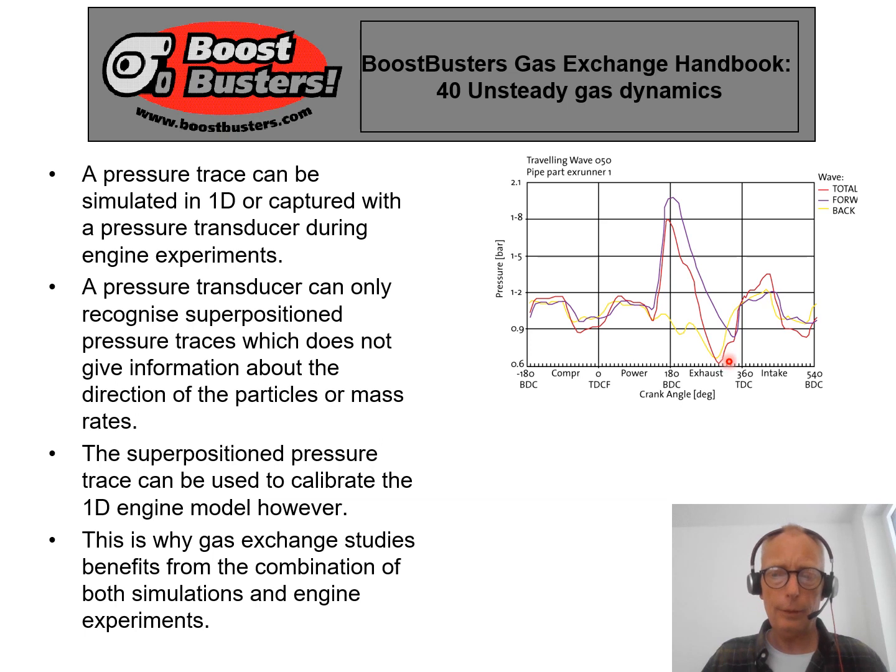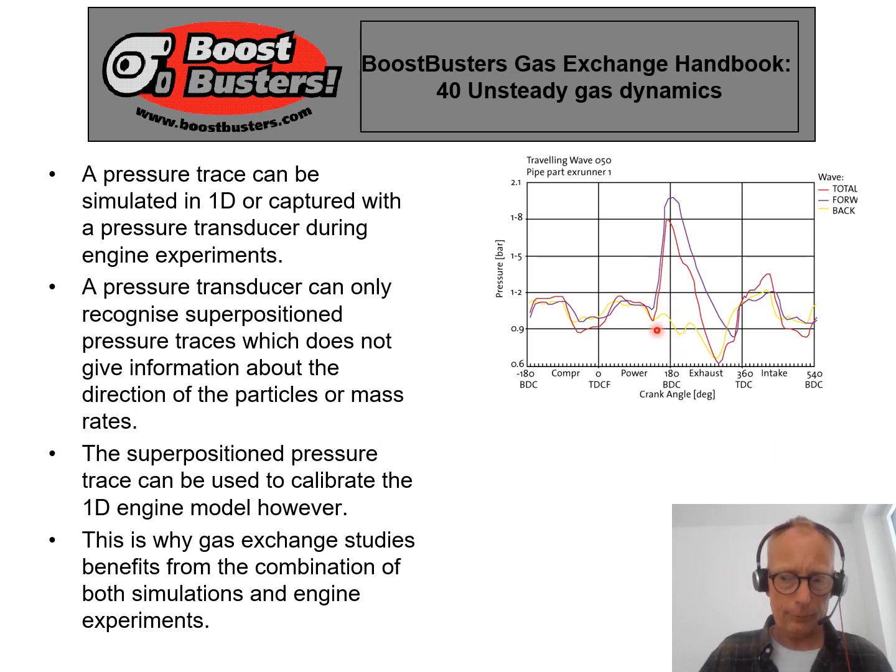What is important to understand in what direction the mass rate of particles will be impacted is the forward and backward running pressure waves. Unfortunately, this information is not available from experimental results, you need to do simulations in parallel.